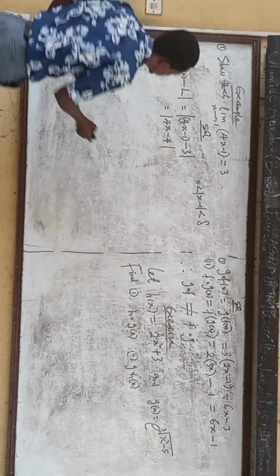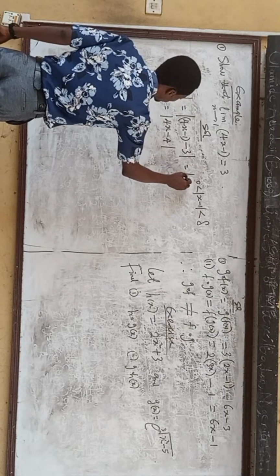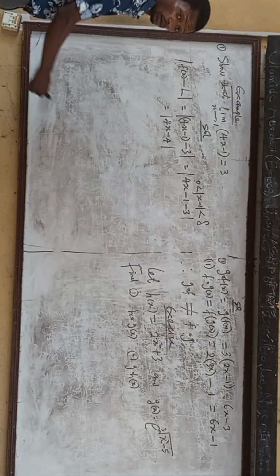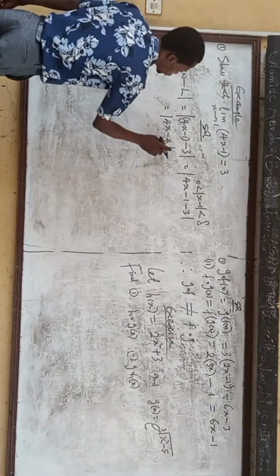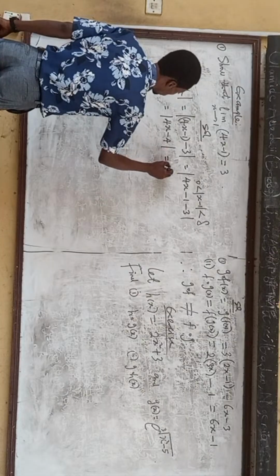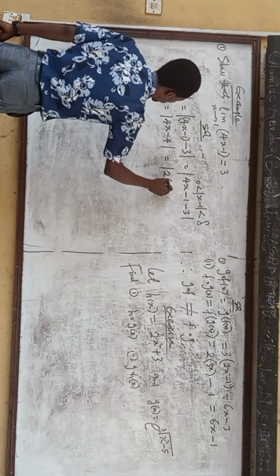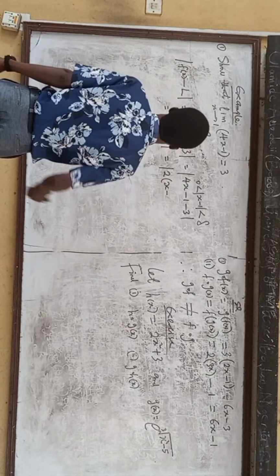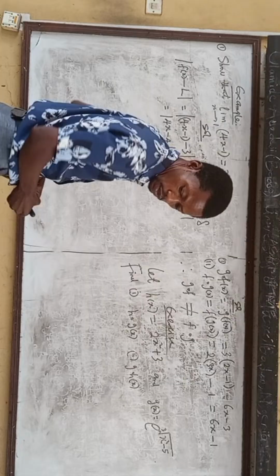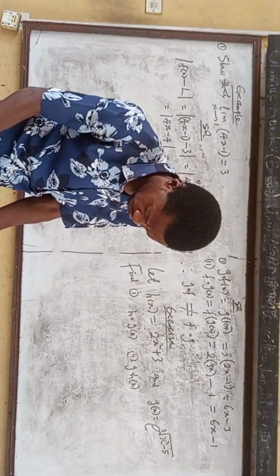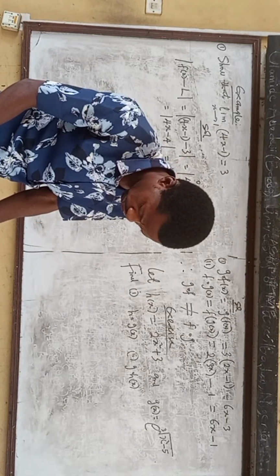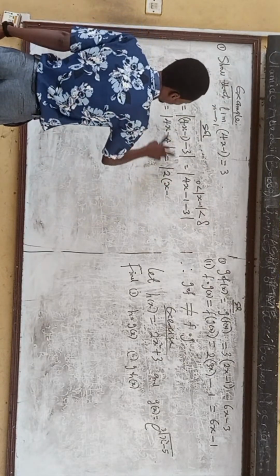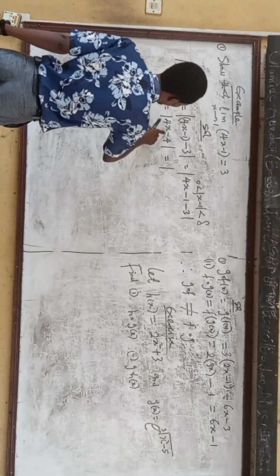Oh, I got minus 4. Okay, here now, 4x minus 1 minus 3. So we can write this as 2 into x minus what? x minus 2. No, we need to use 4, right?